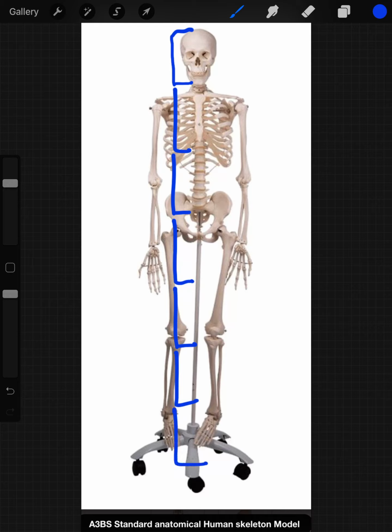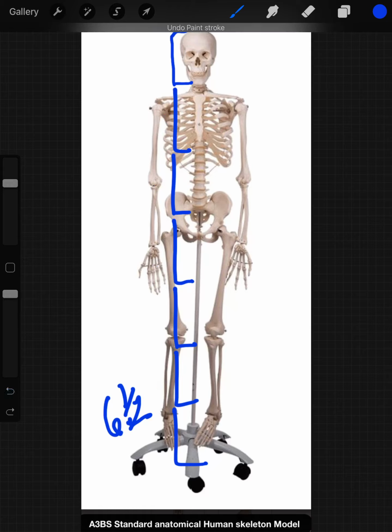So 1, 2, 3, 4, 5, 6.5. So 6.5, exactly. And again, I'm counting the original one, so that's why I ended up getting 6.5. I could just count 1, 2, 3, 4, 5, 5.5 heads in length, or again, it could be the 6.5 heads length. Okay, so this would help me out.